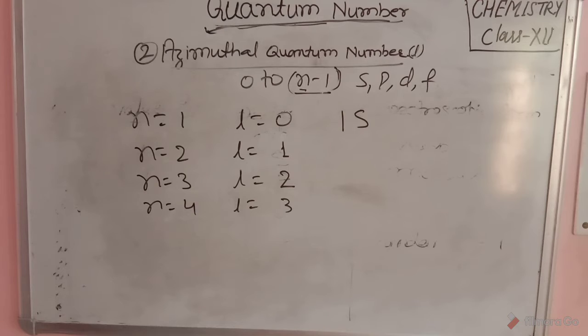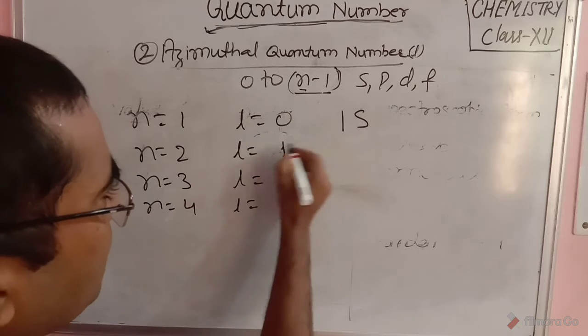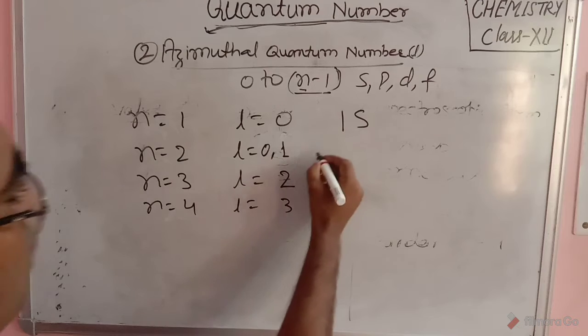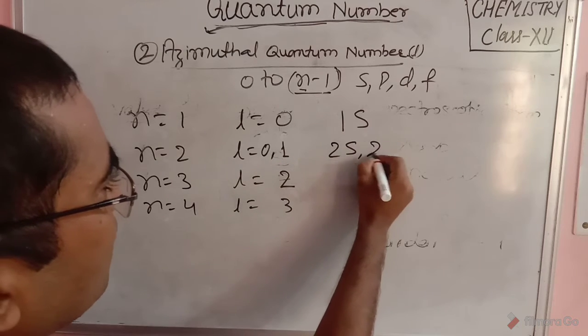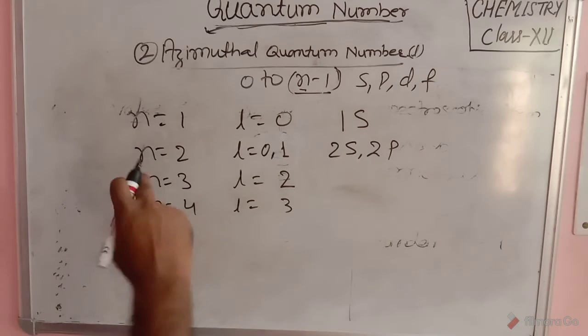N is equal to 2. That is L is equal to 1. 1 means it includes 0 to n minus 1. So it will be 0, 1. It has two values, that is 2S and 2P. Similarly, n is equal to 3. L will be 2, which means 0 to 2.